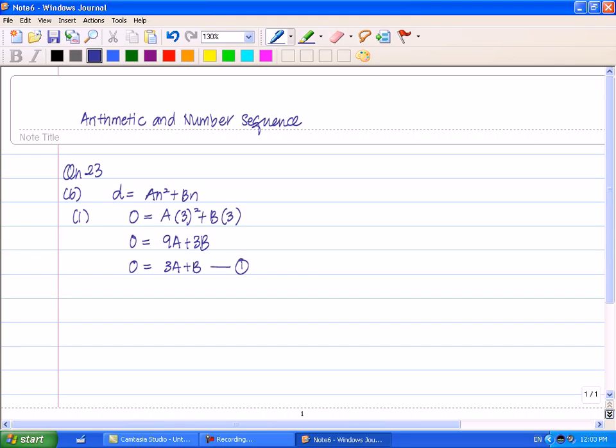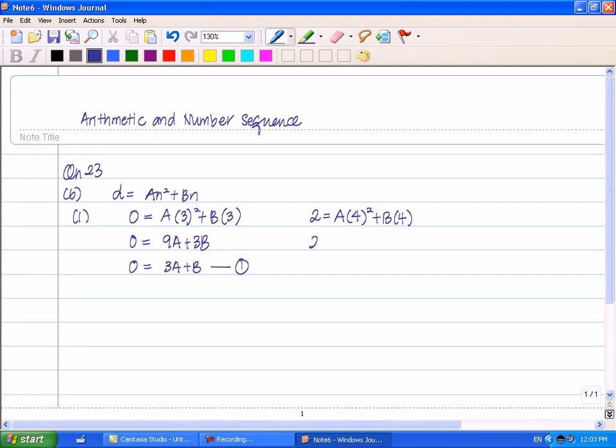Next, considering the number of diagonals in a quadrilateral, which is figure number 2. My number of diagonals in this case is 2, and in figure 2, my number of sides n is 4, so 4 squared a plus b times 4.